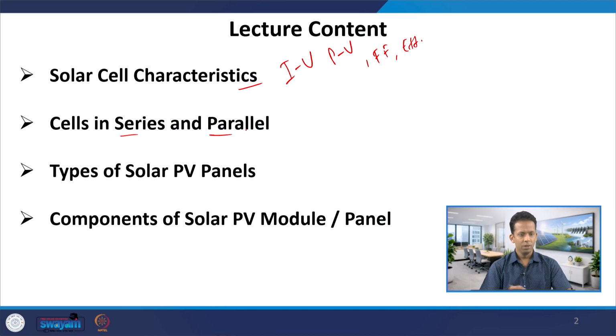Then different types of solar PV panels, based on the type of material or type of silicon that we use to make panels, like monocrystalline, polycrystalline, or amorphous thin film, and finally the components of a solar PV module or panel.